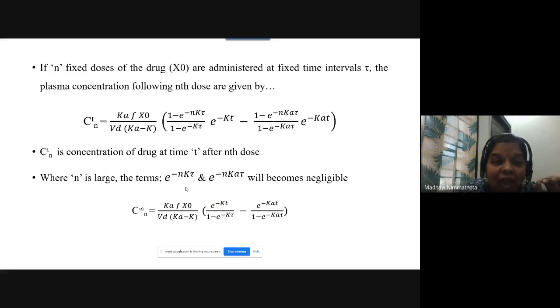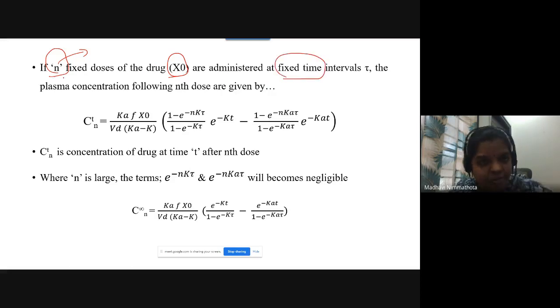Now if n fixed doses, the number of doses fixed by yourself, that is nothing but small n. That is, X naught is fixed with small n, and the doses are administered at fixed time intervals. Here we are taking fixed doses at fixed time intervals. The time interval is tau, but the fixed doses are indicated as small n.